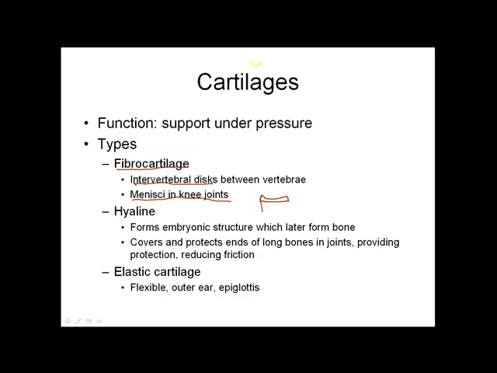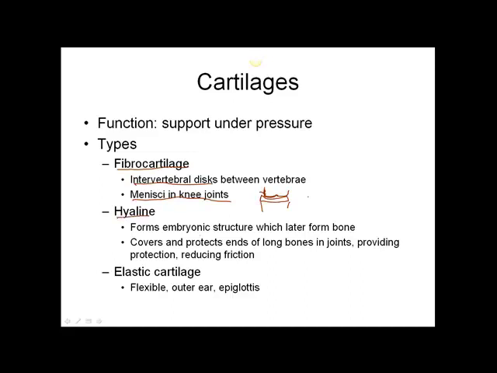And it sits on top of your tibia so that the head of the femur has a little more stability. Because see these edges here, they come up and they cause more stability. So I want you to know, if I say where would you find fibrocartilage in the body, you would say intervertebral disc and menisci in the knee joints.